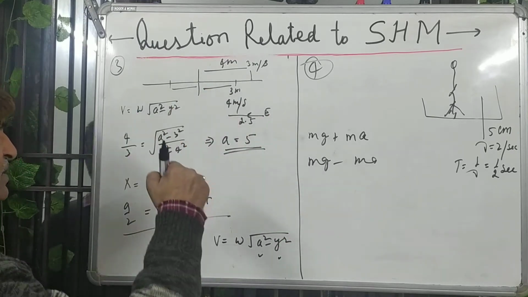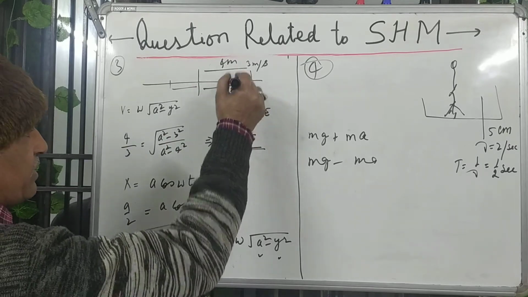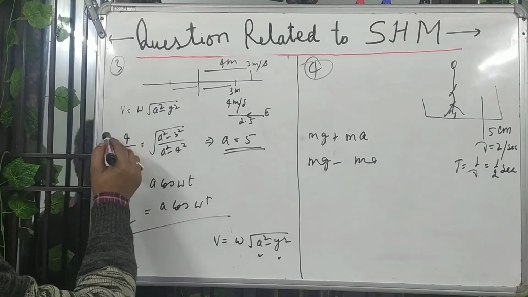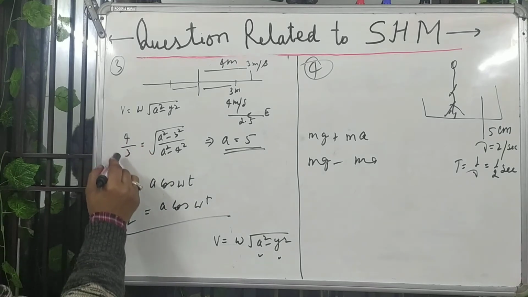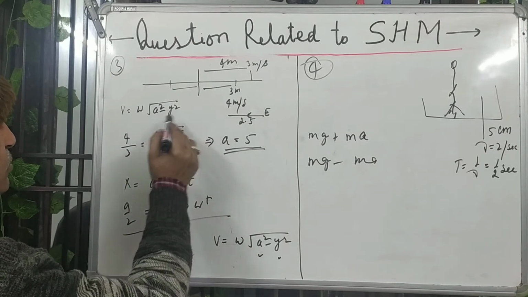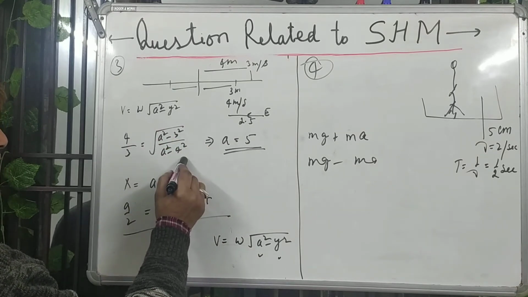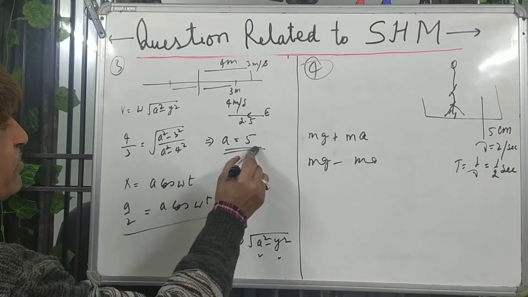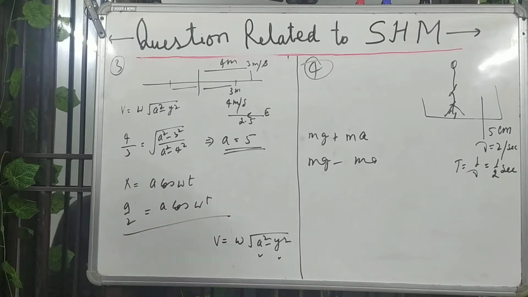So first, these operations relate to moving from the mean position, that is v1 upon v2, 4 meter, and omega times root of a square minus y square, omega will be cancelled. This is velocity and this is velocity. On simplification you get the amplitude a.